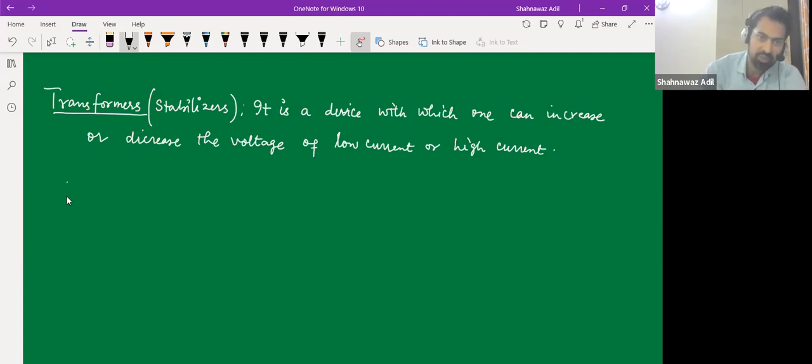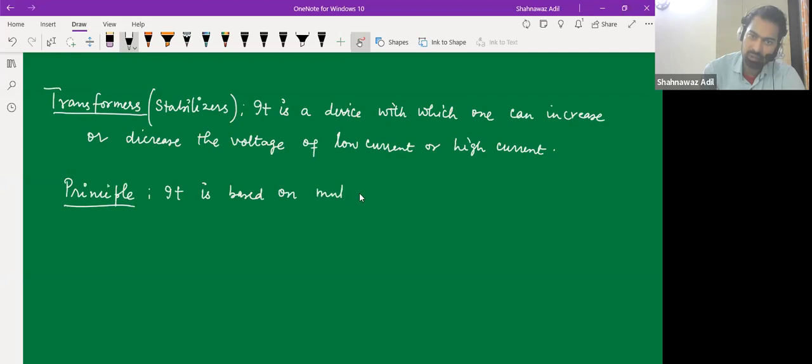And what is the principle behind it? So the principle is, as Aisha said, one numerical in EMI. So its principle is it is based on mutual induction, right? Why mutual induction, Aisha?